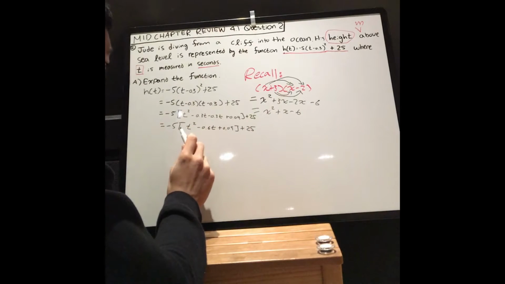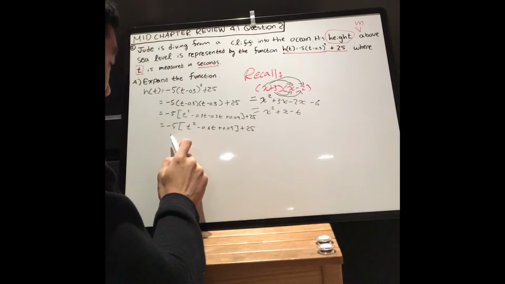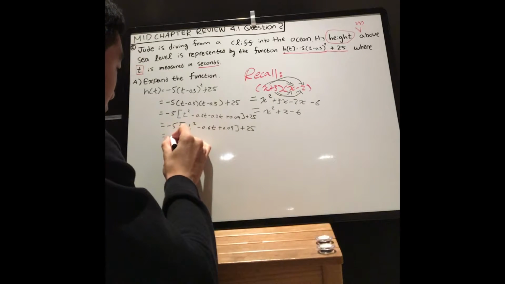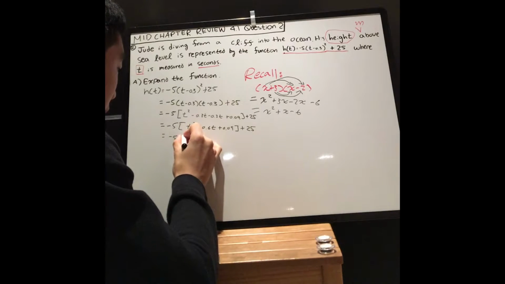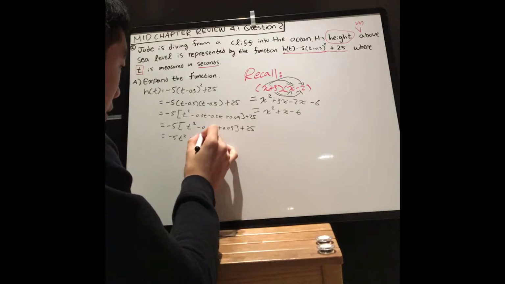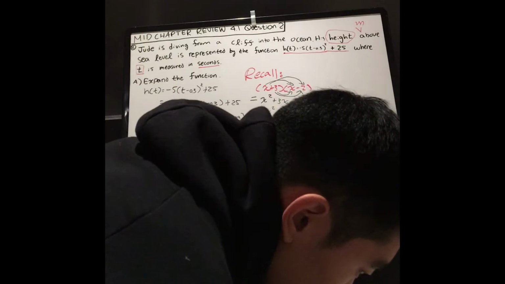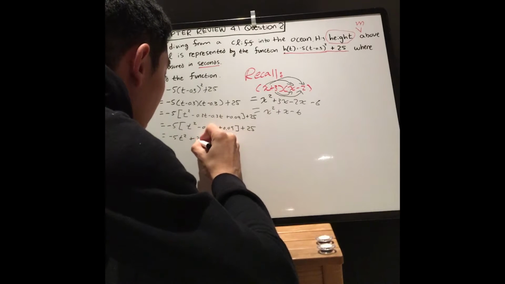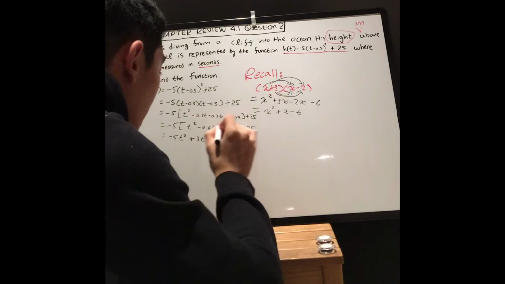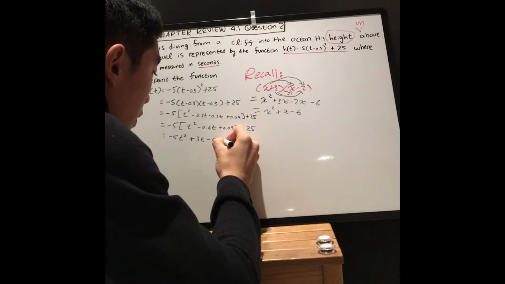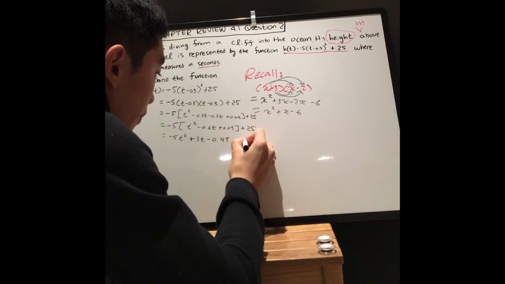From here, we need to expand further with the -5 going into each of the terms in this bracket. So -5 times t² equals -5t², then +3t, and -5 times 0.09 is -0.45, plus 25.